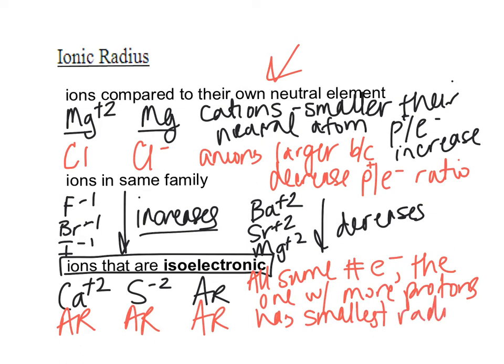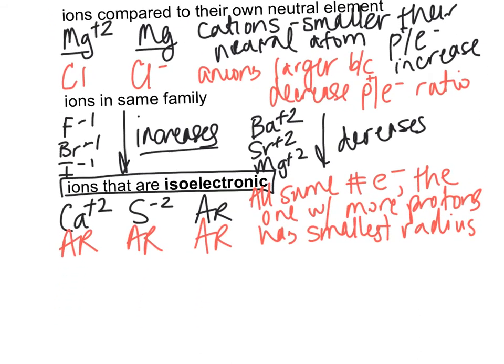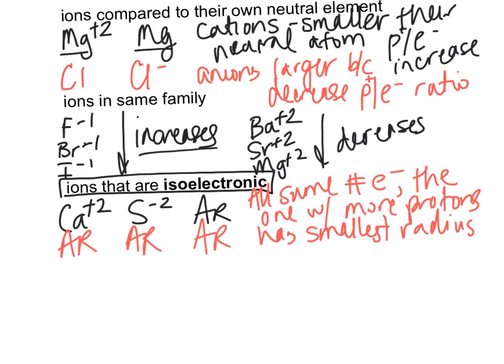Which one has the most protons? You can look at the periodic table and see that calcium, plus 2 or not plus 2, has 20 protons, and sulfur only has 16. Or the charge tells you that. If all of these have the same number of electrons, the one with the most positive charge would have a higher proton to electron ratio than the one with the least.